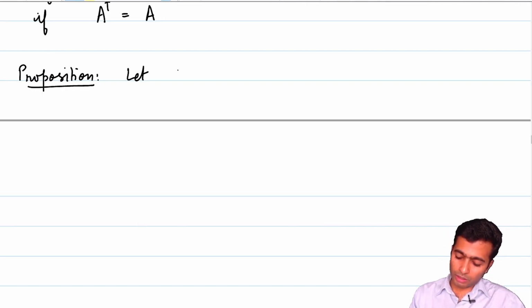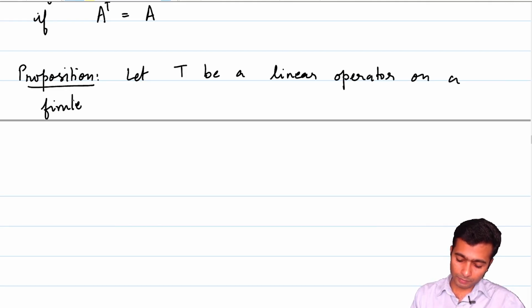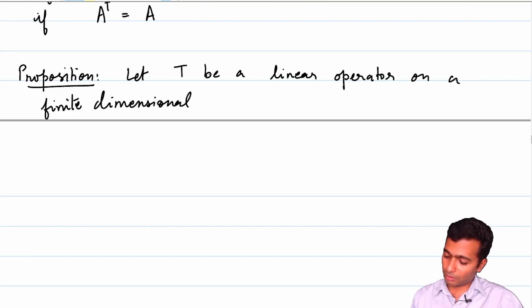So let T be a linear operator on a finite dimensional inner product space, and beta be some orthonormal basis.